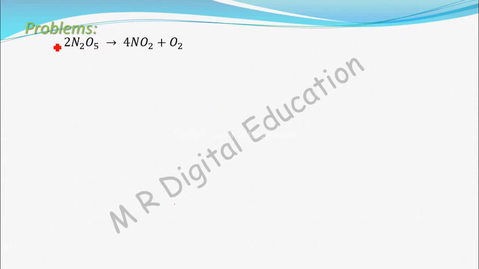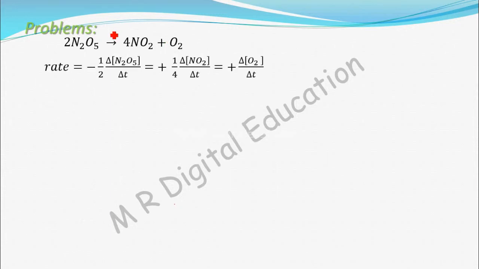See now how to calculate average rate. He is given this reaction, you know how to write the rate equation for it: rate equal to, since the stoichiometric coefficient is 2, take 1 by 2, and since N2O5 is reactant, take minus sign. Rate is change in concentration of N2O5 divided by change in time. Here delta indicates change, square bracket indicates concentration.